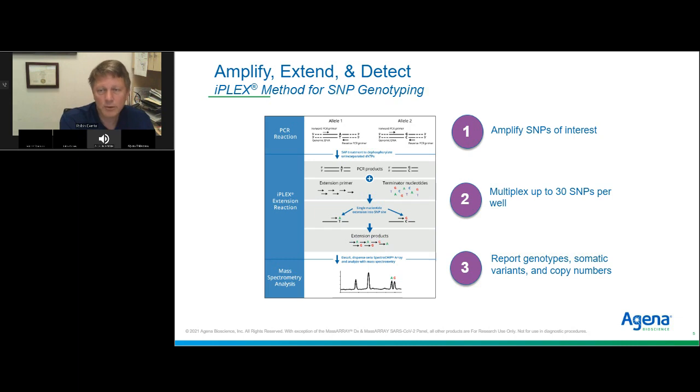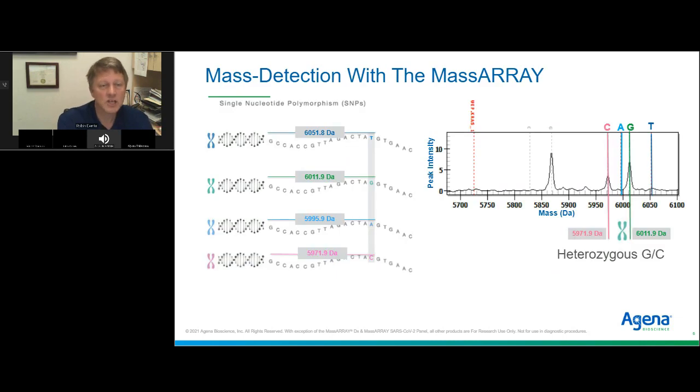So getting a little bit more into detail on how this works is this slide here. How do we know that that A and G peak were actually the A and G for the particular assay? What we do is we have a single base extension primer that lies next to the SNP of interest, and it incorporates either a T, a G, an A, or a C here. And so based on the incorporation of these dideoxy terminators, we can actually predict upfront already what the actual masses are.